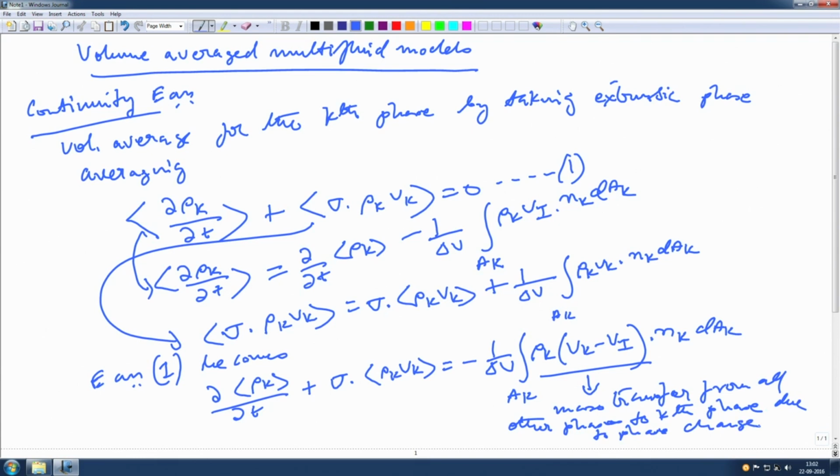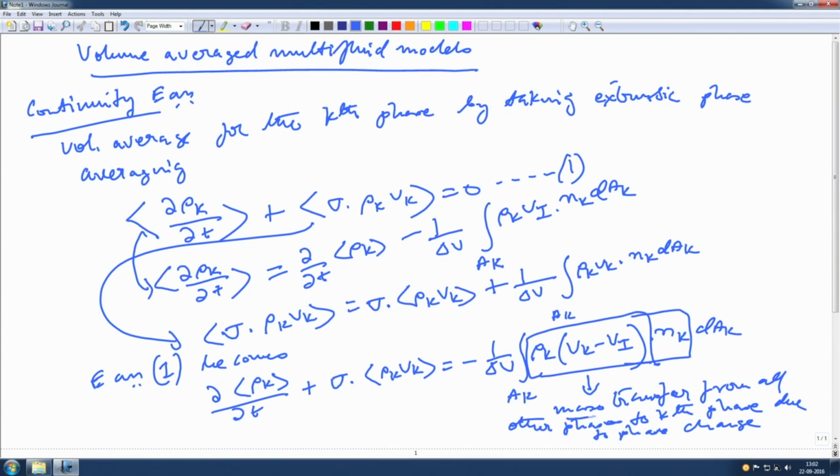We did this earlier. This is all the mass transfer that is happening from all other phases coming over to this kth phase, because we are writing this equation for the kth phase.